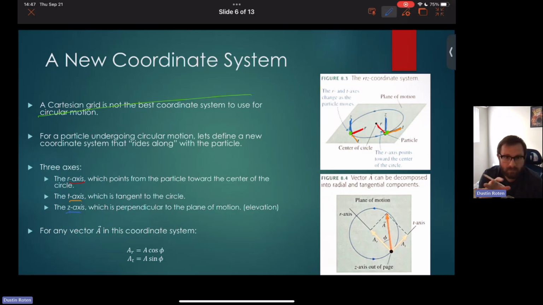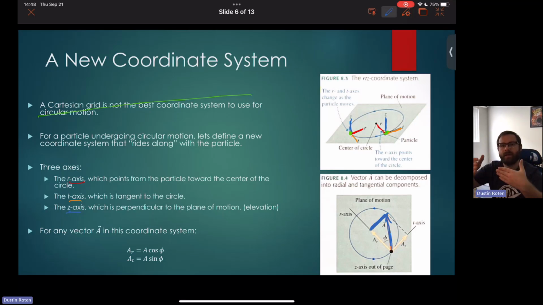For any vector in this new coordinate system, as you can see over here, we have this big vector A. We've got a new angle, this phi. Okay, so phi is essentially the angle depending on, if your vector starts pointing toward the origin, your phi angle's 0. And as you start pointing into the circle, but not at the center, you can see you've got a little bit of deflection.